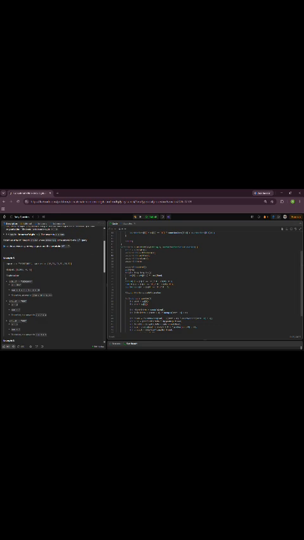So count non-zero tells at any index, let's say 0, 1, 2, at index 2, how many non-zero numbers I have received. At index 2, how many numbers are there? 2, right? So nums up to means, at index 0 it's 1, at index 1 it is 1, at index 2 it is 1 2, at index 3 it is 1 2, at index 4 it is 1 2 3, like this.